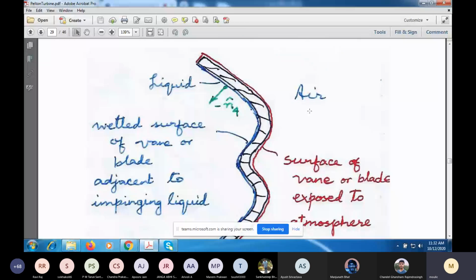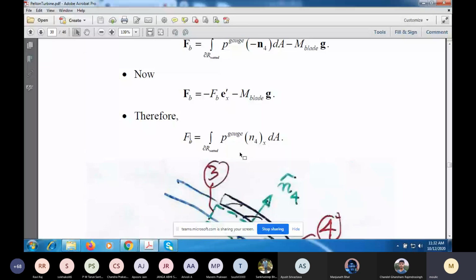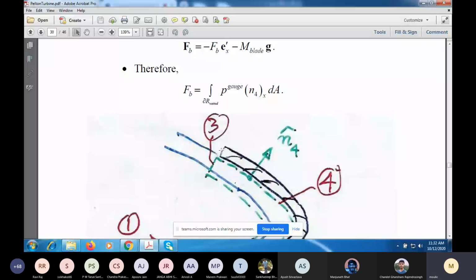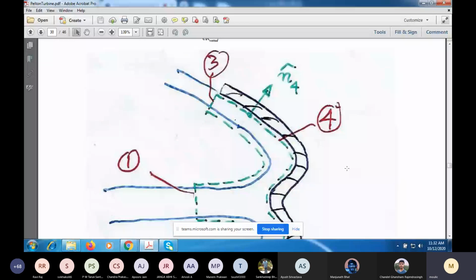So this will be the gauge pressure over just the wetted surface, the blue surface, times the x component of the vector which we are calling n4. This del R with the subscript wetted is actually what you may call del R4. That is the surface which I am calling 4 in this figure below.